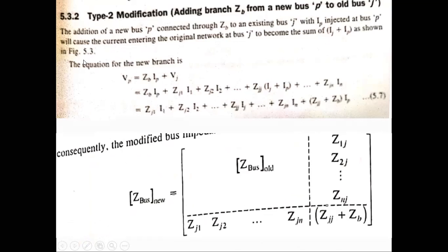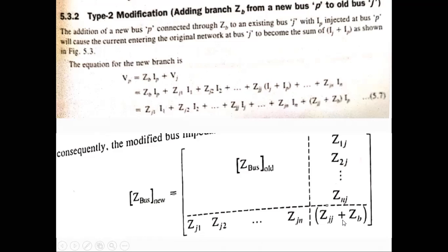In that type 2 modification, the Z bus new is equal to the Z bus old with Z1J, Z2J and so on ZNJ as the added column, and also ZJ1, ZJ2 and so on ZJN as the added row.